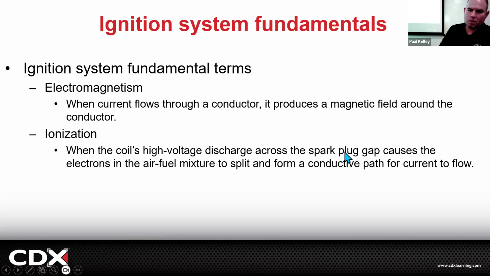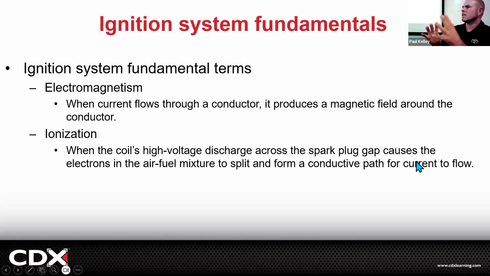So literally when the spark occurs, it's going to take those electrons, because there are electrons in the air-fuel mixture, right? We're generating electrons and firing them across the spark plug gap, but in the air-fuel mixture there's electrons too. Like if you look at oxygen, there's electrons in that atom. So we're going to take those electrons, and they're going to split and form a conductive path.